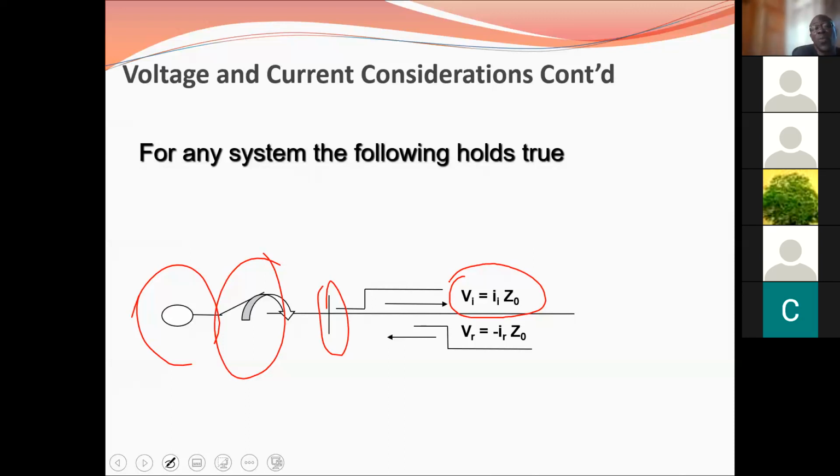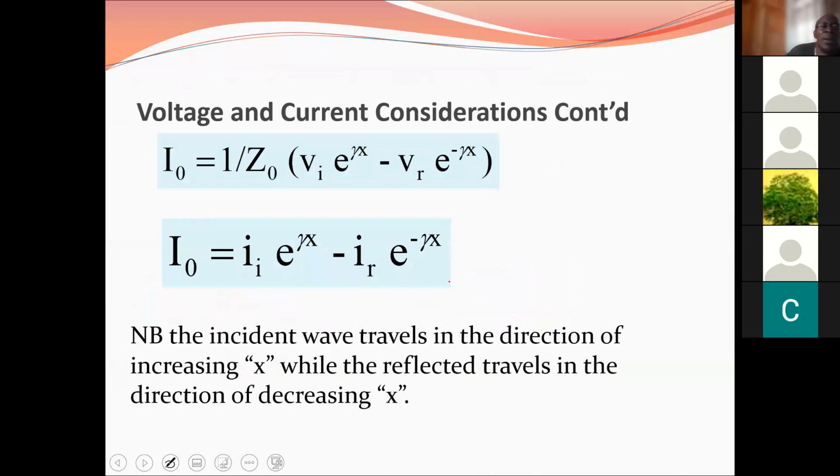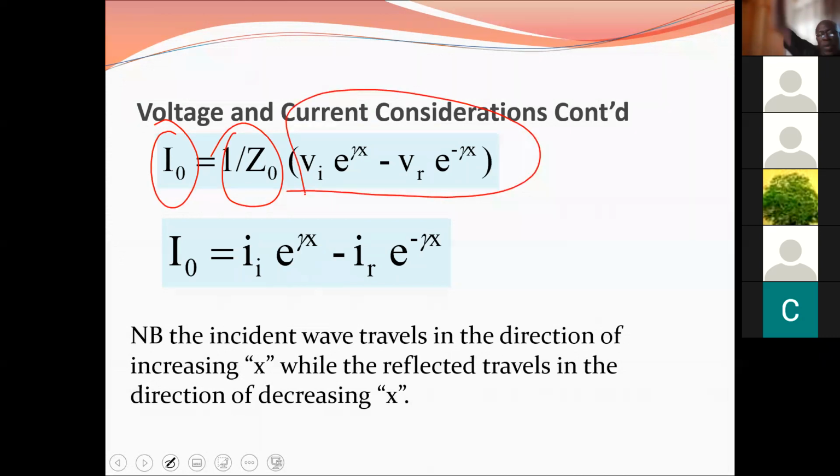Okay, so we are saying this will hold true. We have an incident and a reflective wave. I want to look at the relationship between the voltages and the current. I0 is going to be equal to 1 over Z0, and remember, that's V. We have proven that earlier.